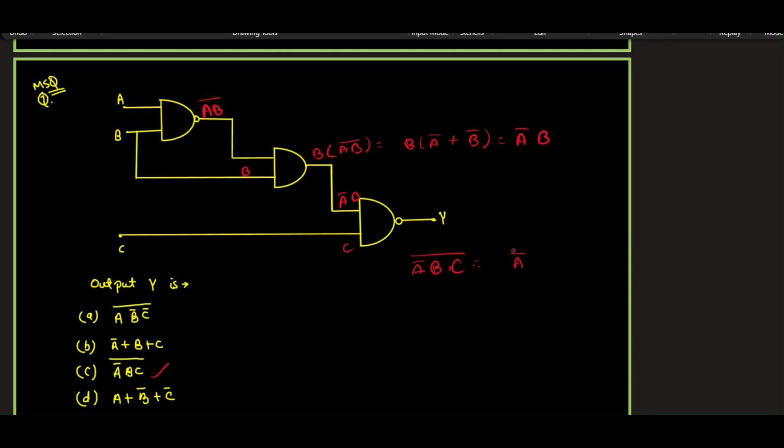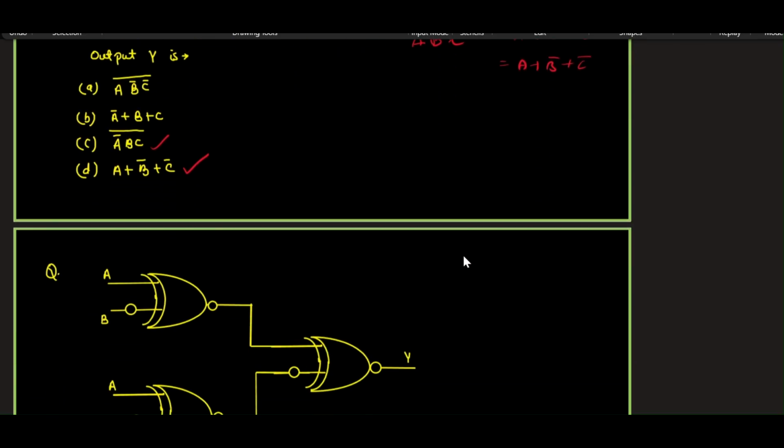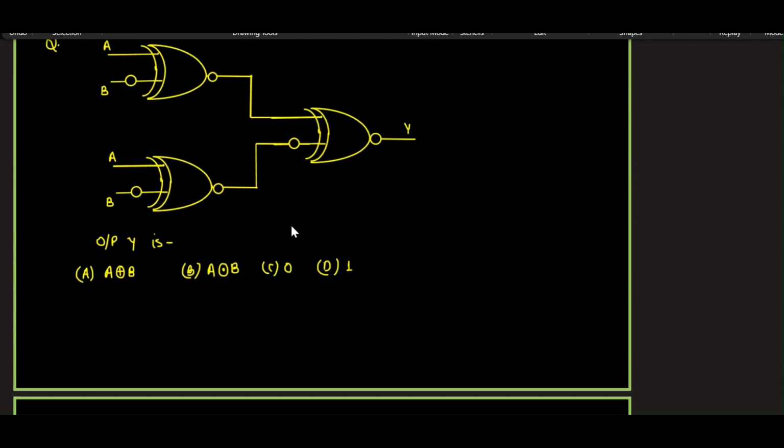If you expand it, you will get A plus B bar plus C bar. Yeah, this is what I'm getting. So C and D both are correct.